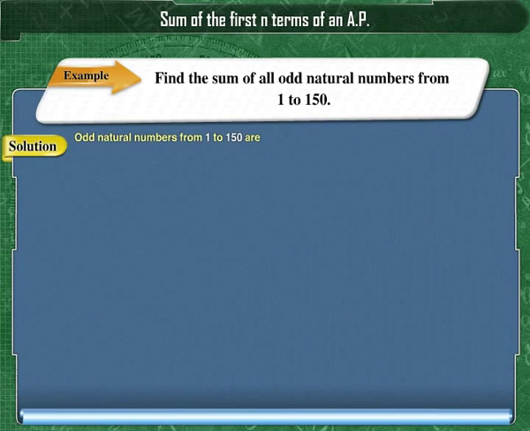Odd natural numbers from 1 to 150 are 1, 3, 5, 7 and so on up till 149. Here T1 is 1, T2 is 3, T3 is 5 and so on. The last term Tn is 149. T2 minus T1 is 3 minus 1, which is 2.